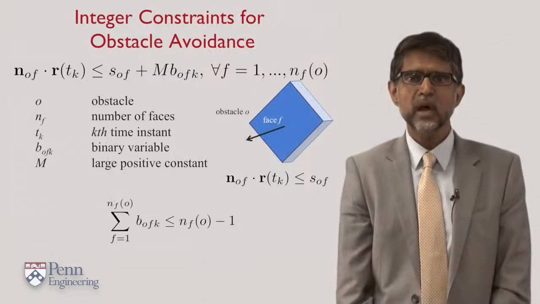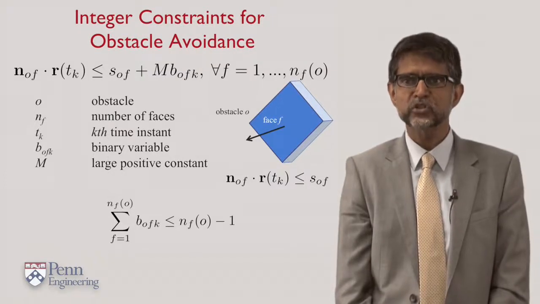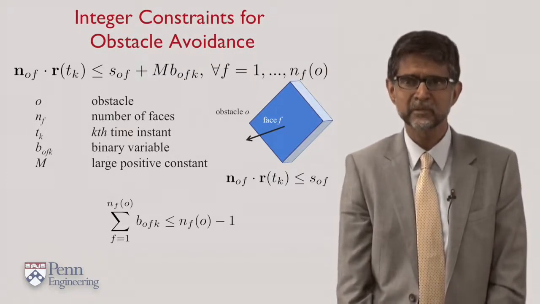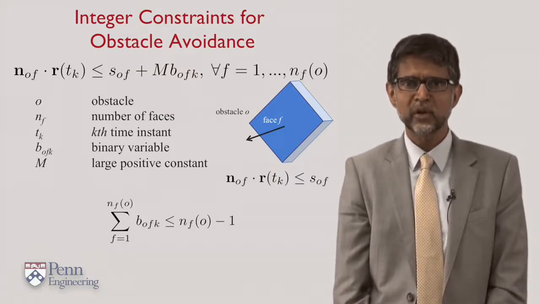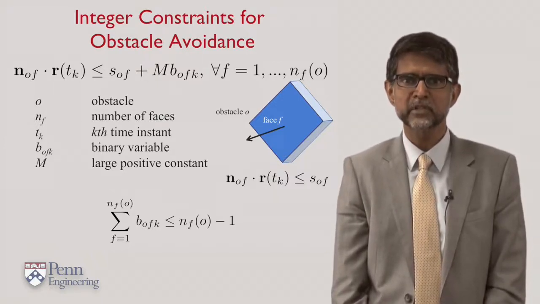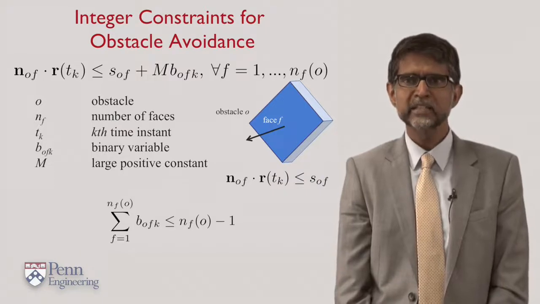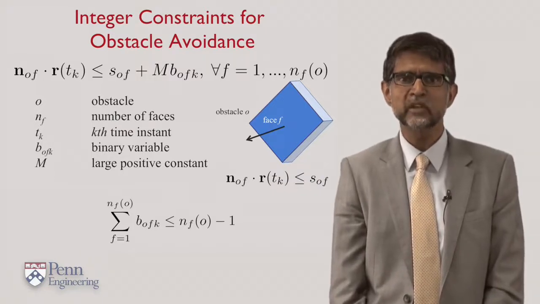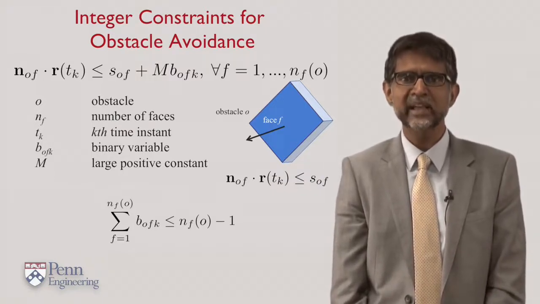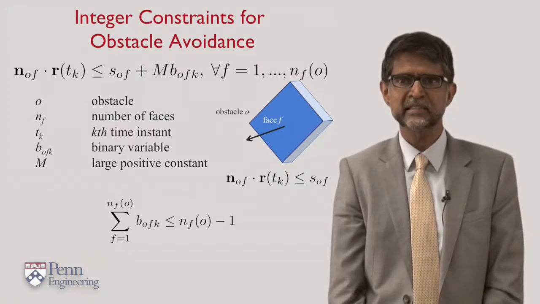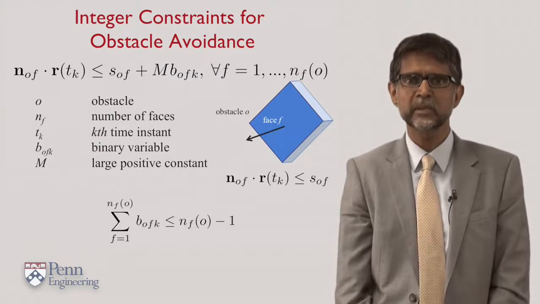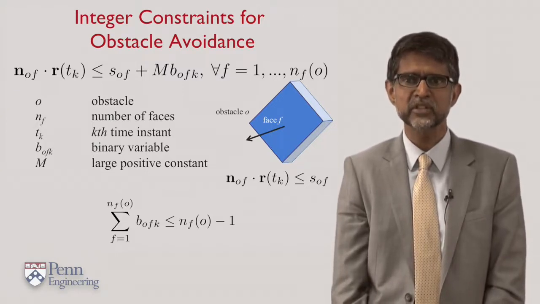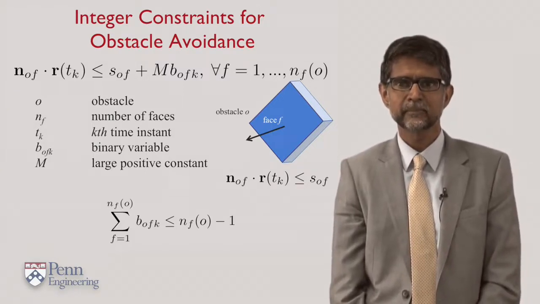The reason we want this extra term is quite simple. In order for the robot to avoid a particular obstacle O, it is enough that this inequality be satisfied for any one of the faces. It is not necessary that this inequality be satisfied for every face on the obstacle.